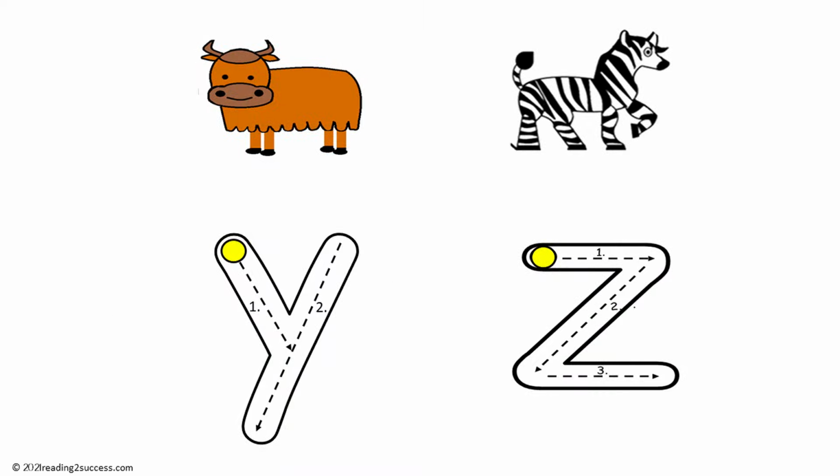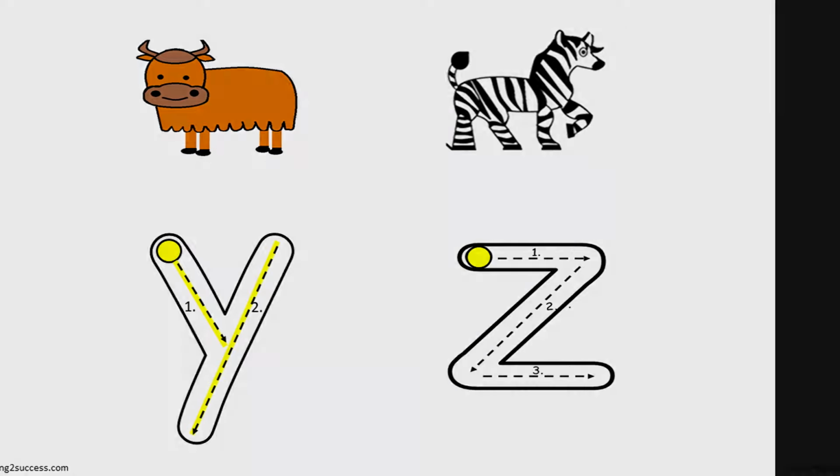The next letter card is the last two letters of the alphabet, Y and Z. They are both consonants. Y makes a Y sound, as in yak, and Z makes a Z sound heard in the beginning of zebra. The letter Y has two parts, part 1 and part 2.